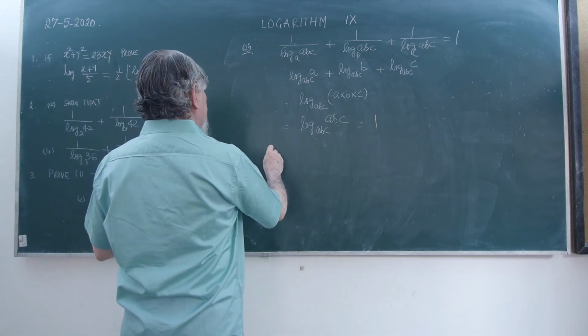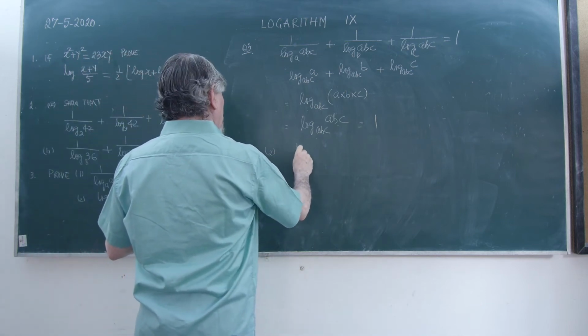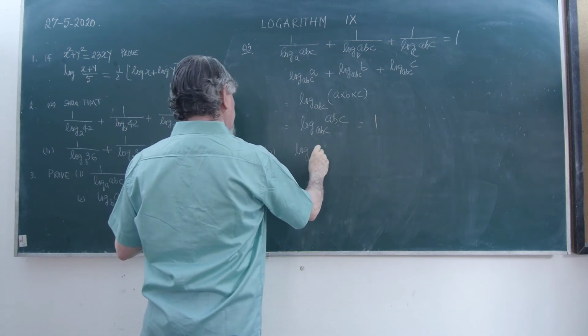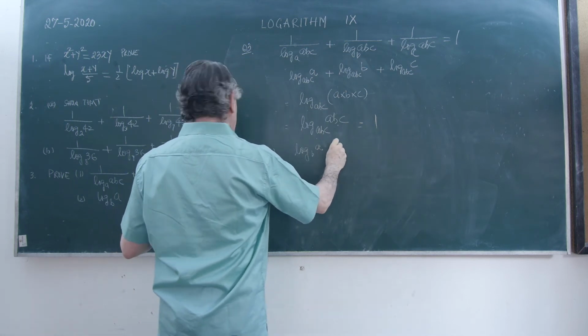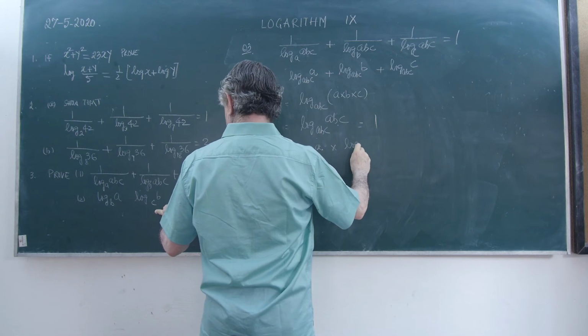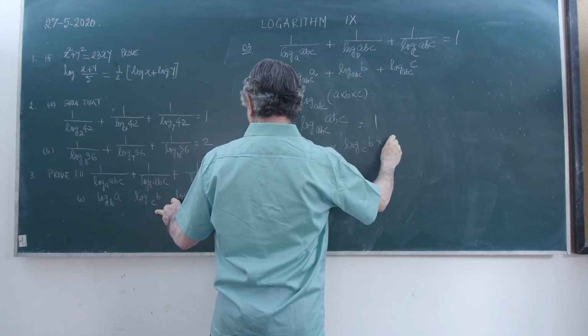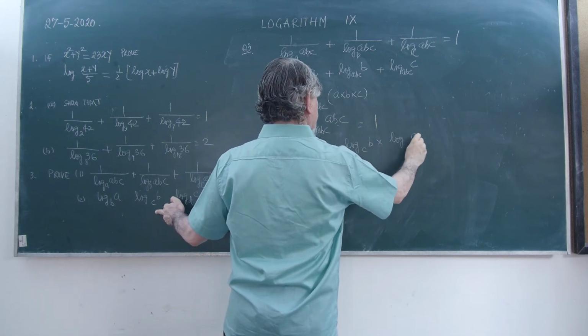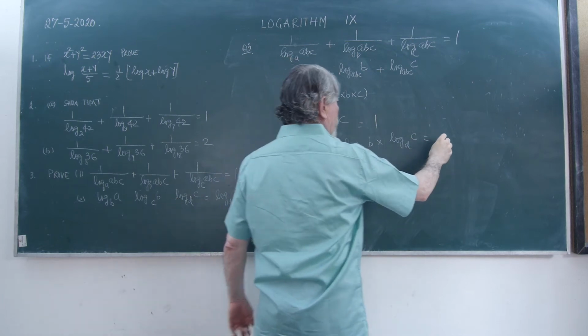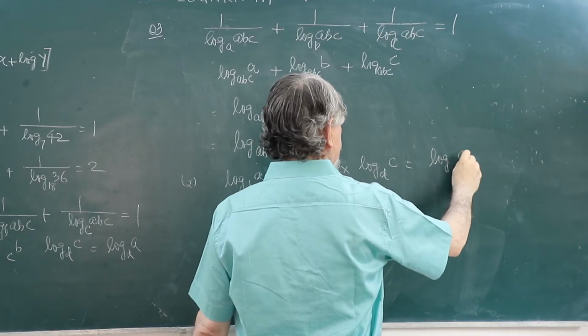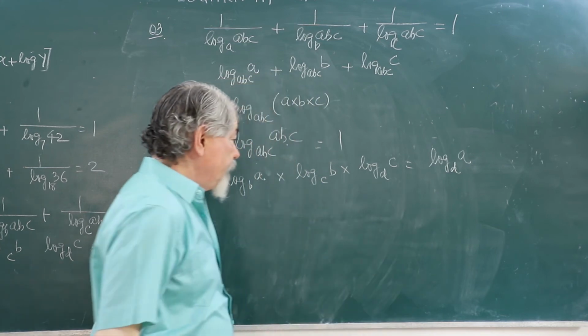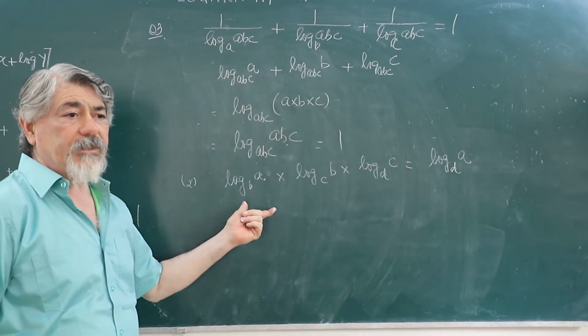The second part of this question is log A to the base B into log B to the base C into log C to the base D is equal to log A to the base D. So what we are doing is, let us change the base.